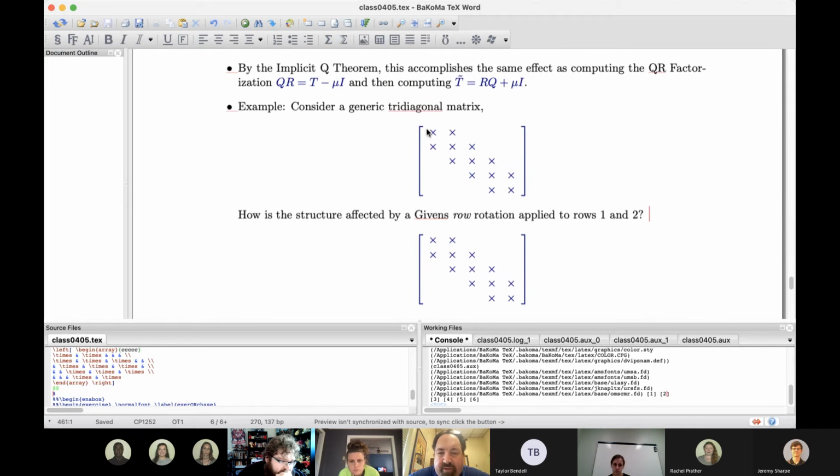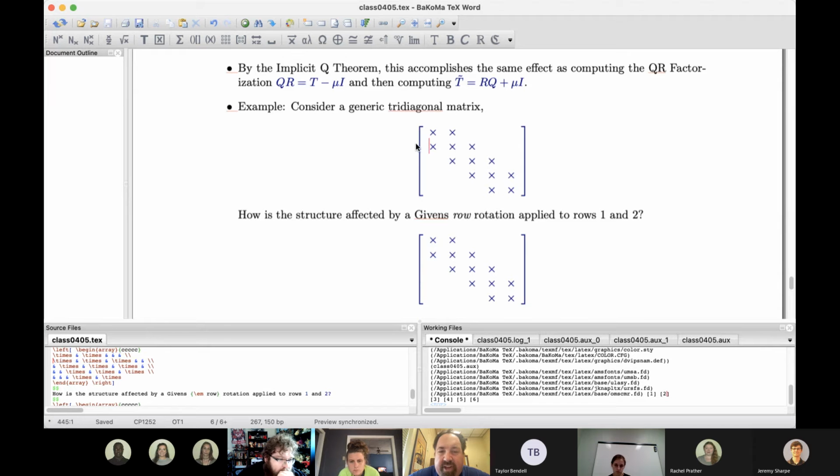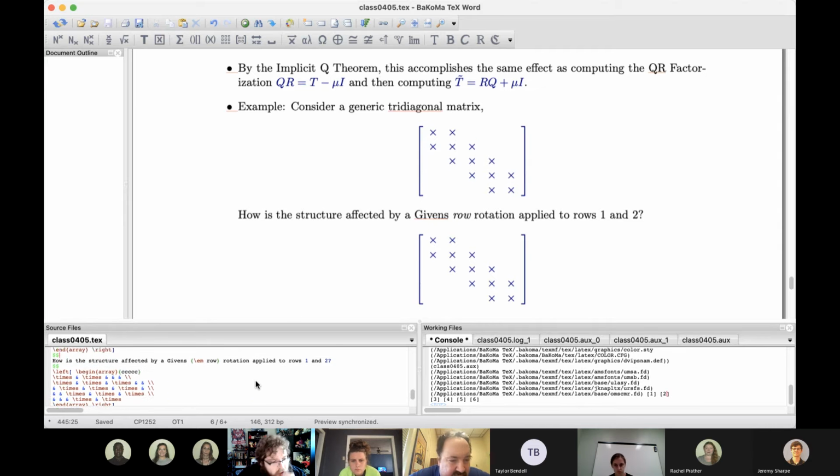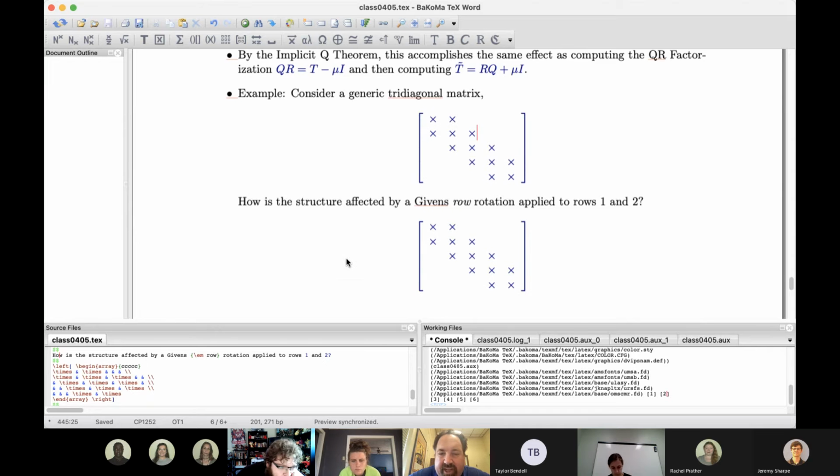Remember, when you do a Givens rotation of two rows or two columns, each row or column becomes a linear combination of the two things you're rotating. So rows 1 and 2 will become linear combinations of themselves. Can anyone tell me, by indicating row and column, in a 5x5 tridiagonal matrix, where there would be a new non-zero entry introduced?